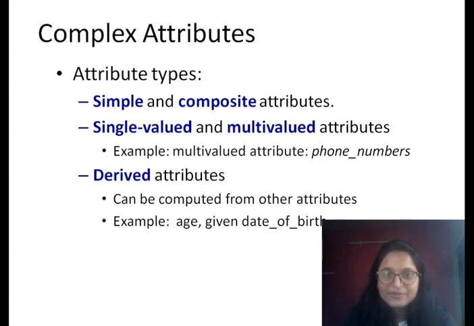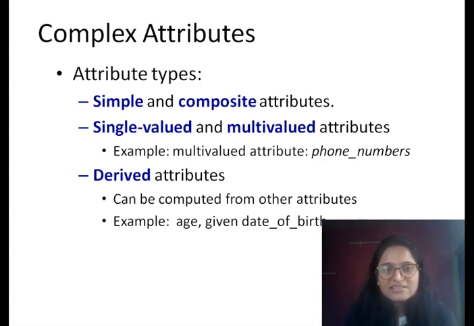So simple and composite attributes are defined by whether they can be divided or not. A simple attribute, like student age, you cannot divide further, and a composite attribute, like student name, you can divide into first name, middle name and last name.